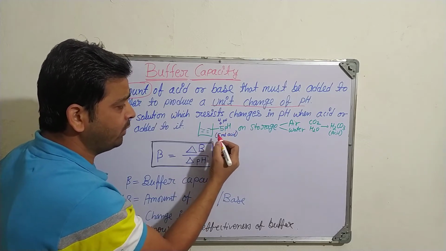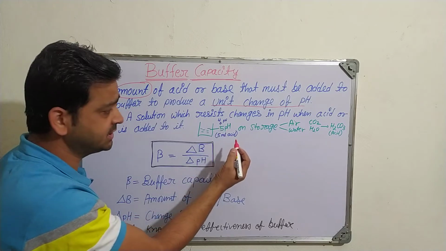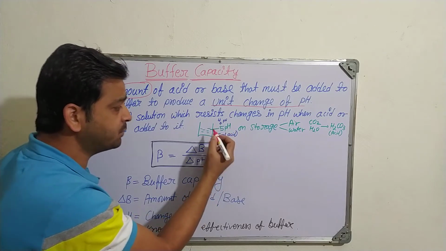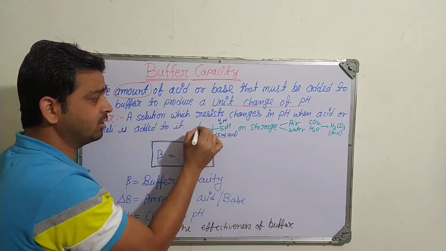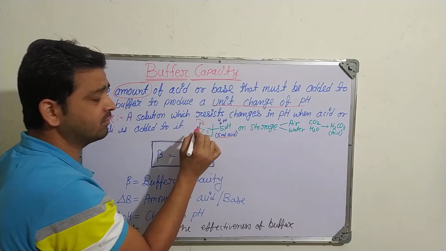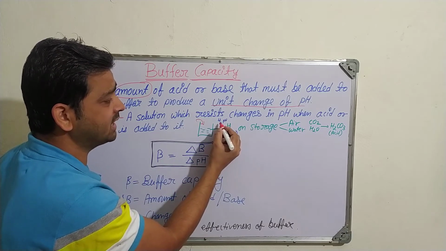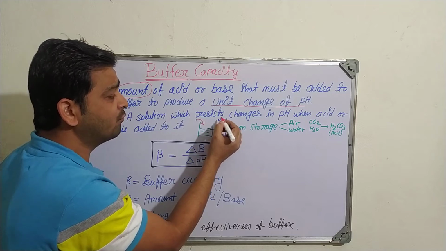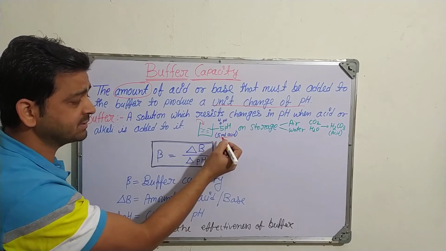When 1 ml of acid is added, the pH 5 does not change. With 2 ml it is not changing. Suppose 5 ml of acid is added into this liquid formulation whose pH is 5, and the pH changes toward the acidic side, from 5 to 4. That means 5 ml is the buffer capacity.